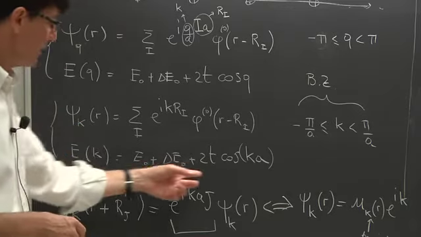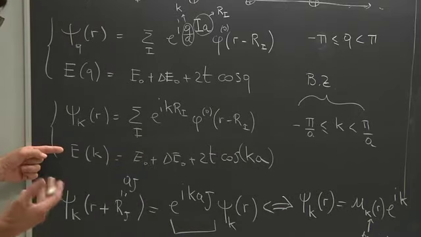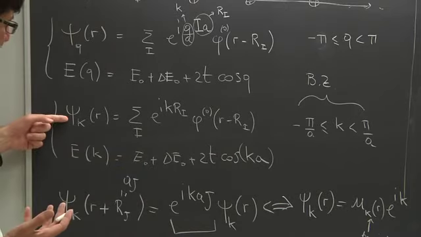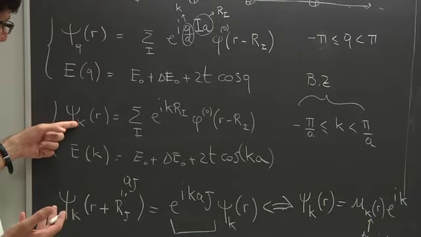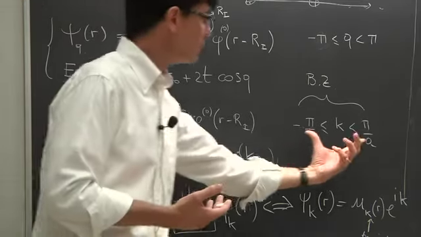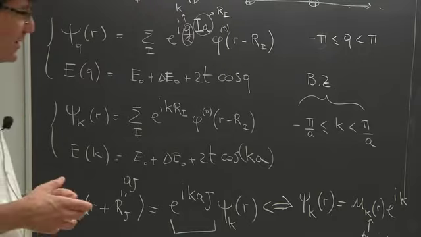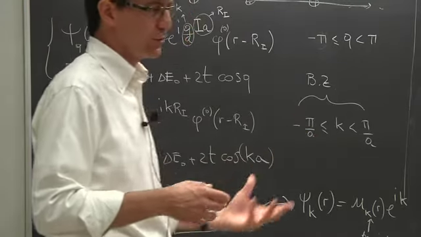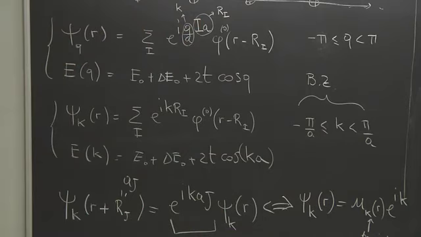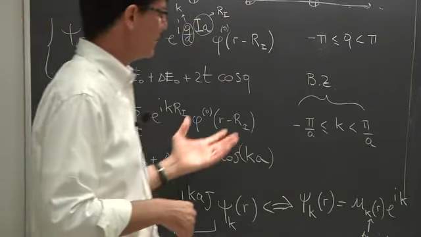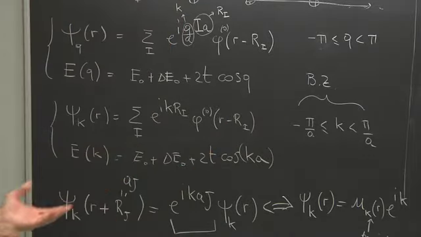Solutions are periodic with periodicity given by the reciprocal lattice, and the values of k can be restricted to belong to the unit cell, because elsewhere they are periodic. I don't need to go outside, because what I will find outside is exactly what I will find inside one unit cell, which I choose to be the Brillouin zone of the reciprocal space. I'm just rephrasing with a different language something that we've already done and calculated.